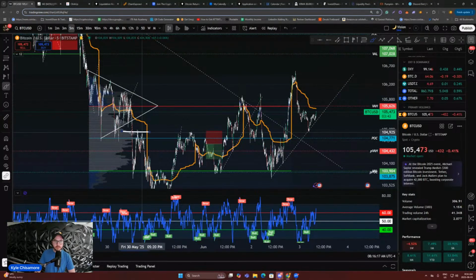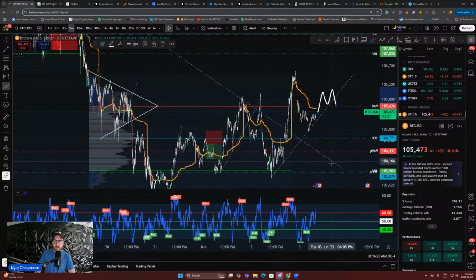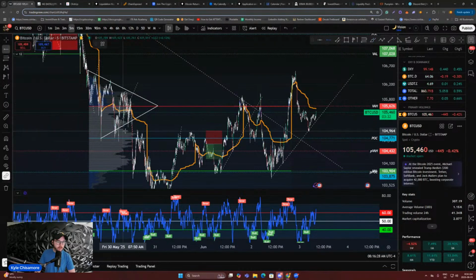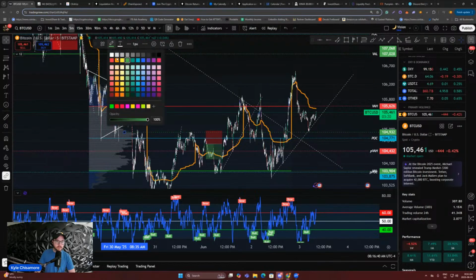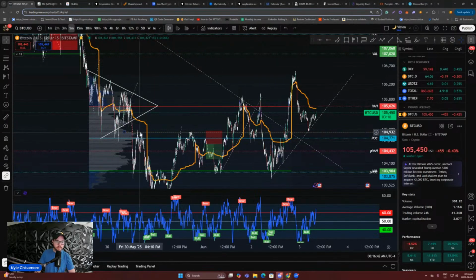What I'll normally do is set pre-alarms to prepare me for the POC, if I'm in a short or in a long. For a pre-alarm, you typically want a horizontal ray like this on the volume shelf right prior to the POC. It'll look a little bit like this one here, for example.